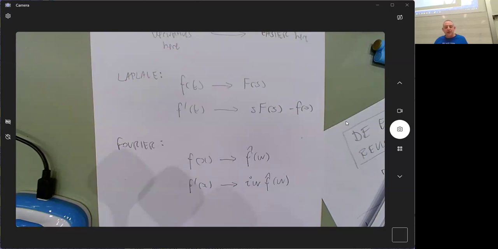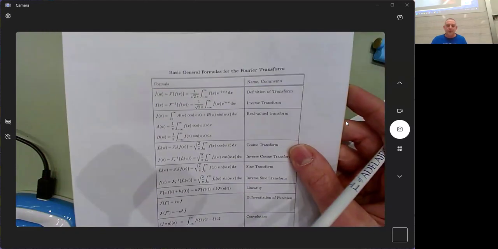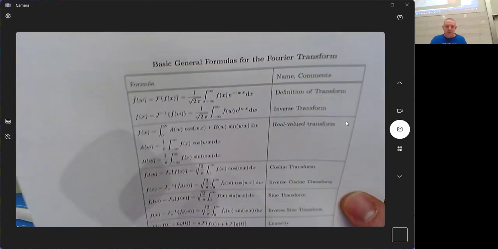Now, interestingly, the Laplace transform came with a whole table of what things become, but the Fourier transform didn't. Like it didn't have as big a table though, right? See, look at this.